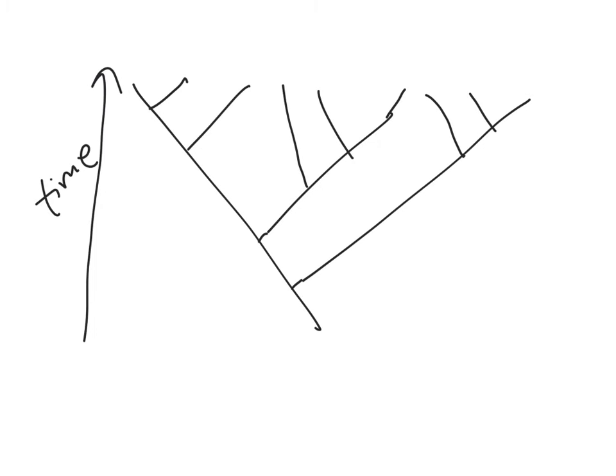The branch tips in this case could be species. If each of these branch tips represents one species, then you would say every branch tip is a species. That would be 1 species, 2 species, 3 species, 4, 5, 6, 7, 8, 9.